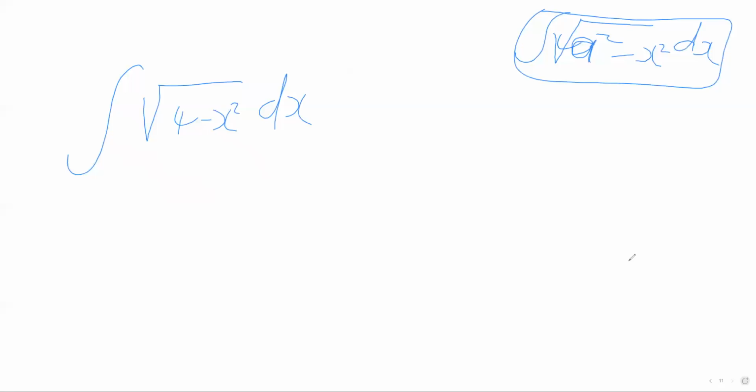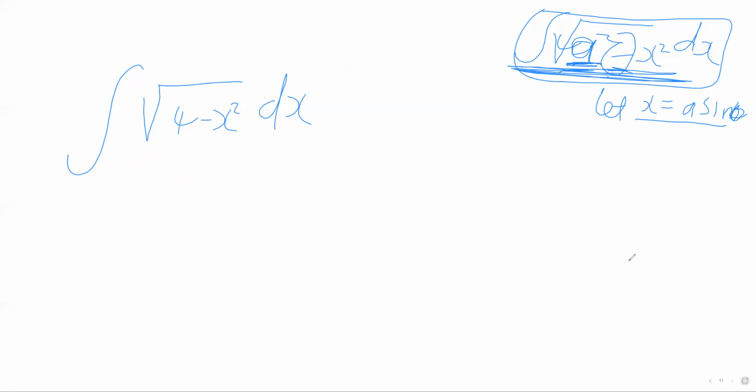So the moment you identify that it's in this form, a number minus x squared, we use this substitution here. We call it trig substitution. So that's a there. So anything that is of this form, where there's minus, we use this idea here.